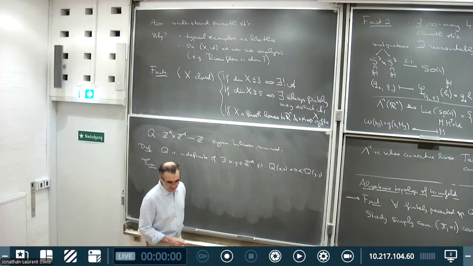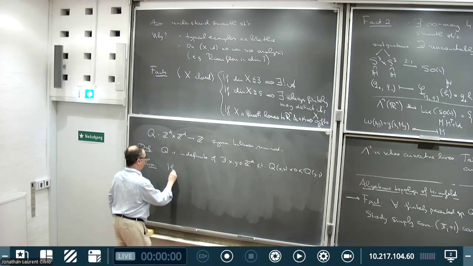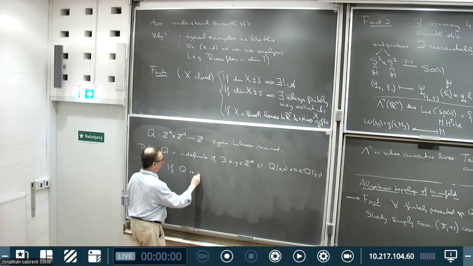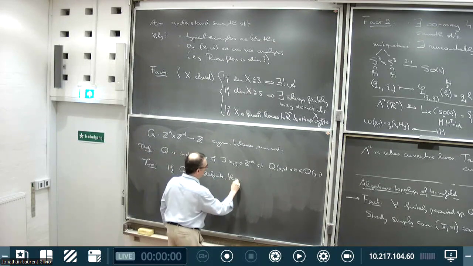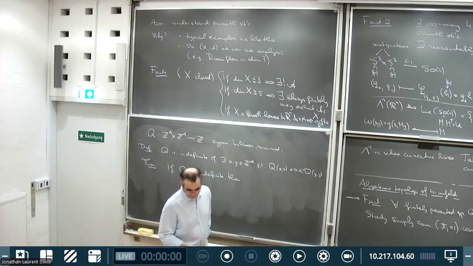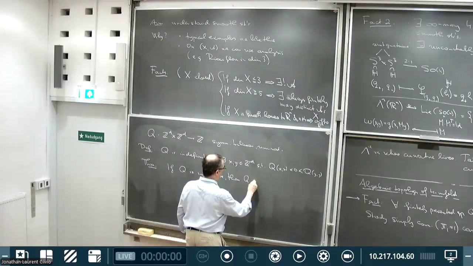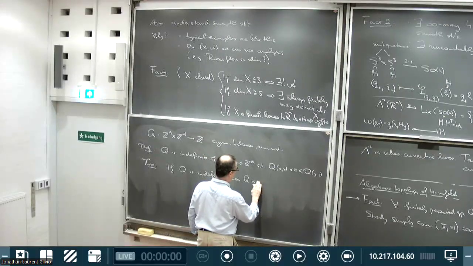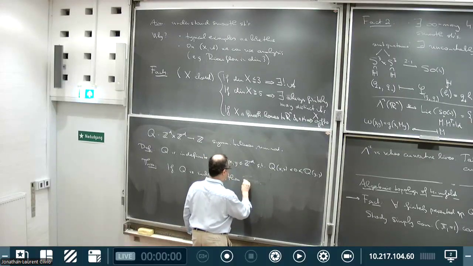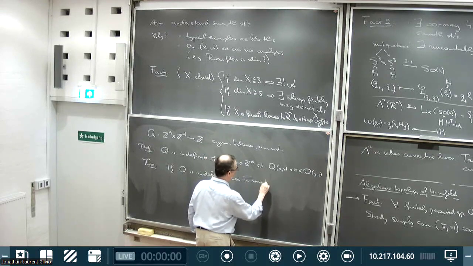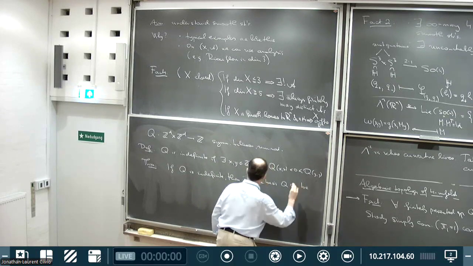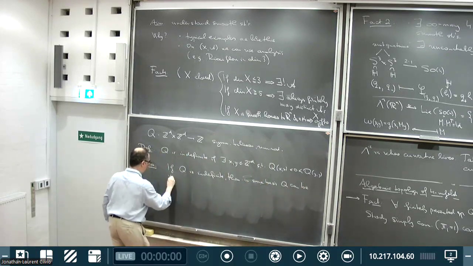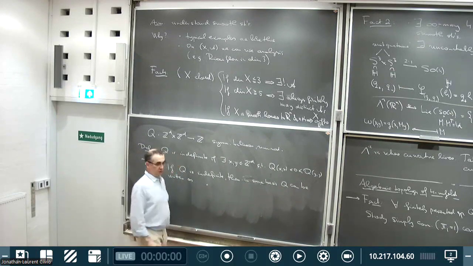So here it is: if Q is indefinite, then Q is isomorphic, or in some basis Q can be written as, and there are two options.